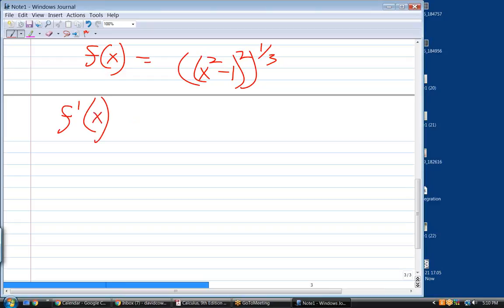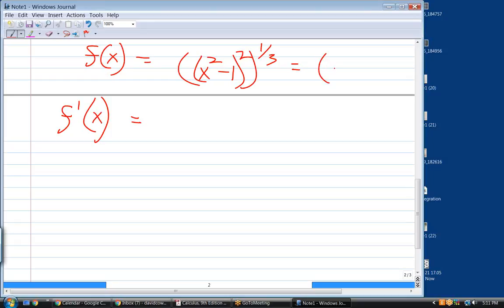Let's first of all find f prime of x. How can I first of all simplify that function? I can multiply the two exponents here.